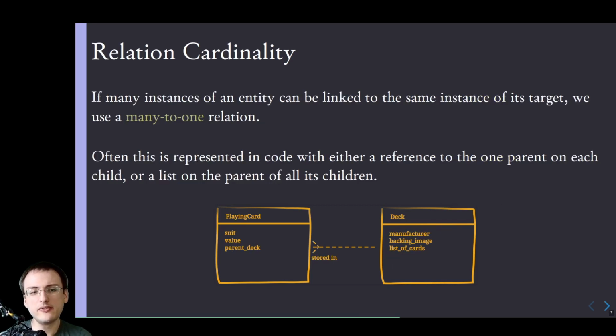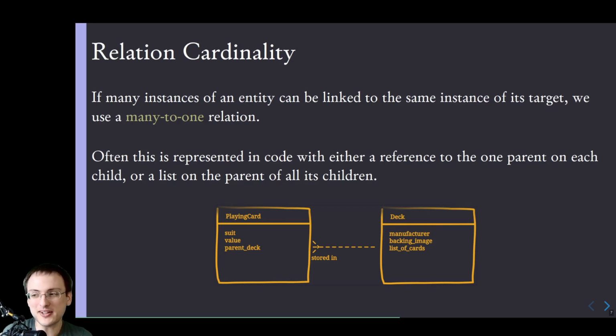If many instances of one entity can all be linked to the same instance of its target, then what we use is a many-to-one relation. A many-to-one relation is great for representing groups of things.